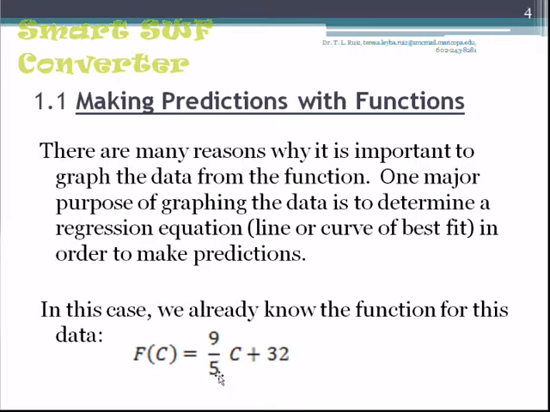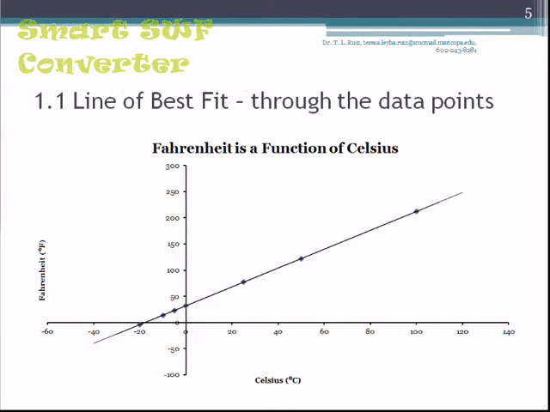F of c equals 9/5 c plus 32. The line of best fit through the data points is given in this picture here. We have a nice line that represents all the data points and the line going through them.